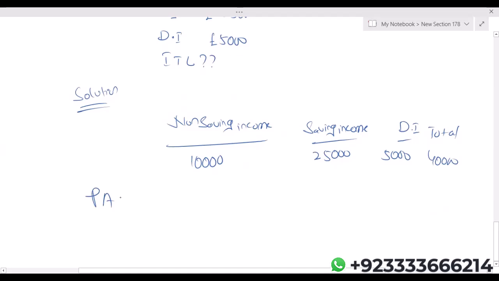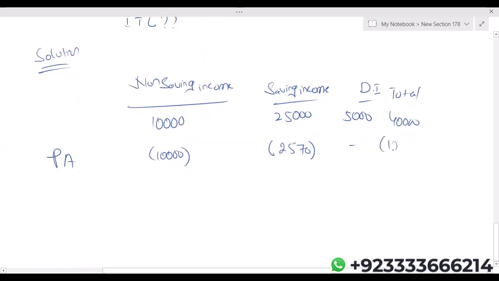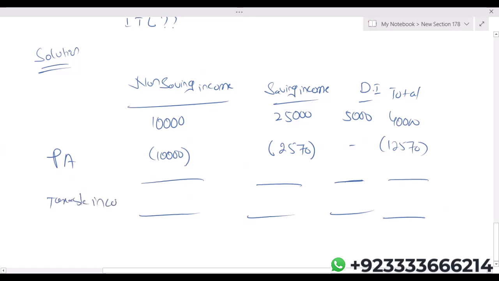Personal allowance is 12,570. 10,000 is deducted from the non-savings, and the remaining 2,570 will be deducted from savings. Taxable income is 25,000 minus 2,570, which is 22,430.